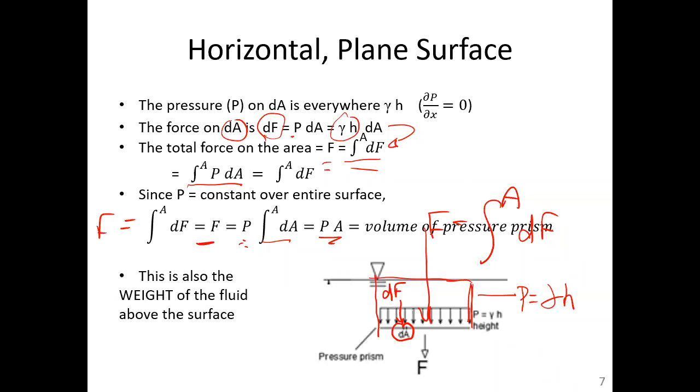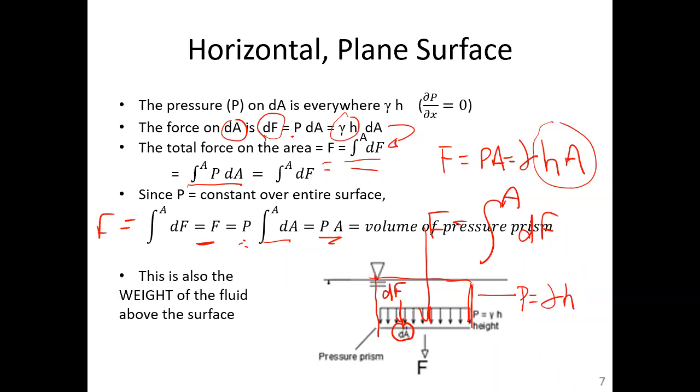And when we calculate F equal to pressure times area, that's equal to gamma h, that's the pressure, times the area. hA is basically the volume above the surface, right? h times the surface area is the volume above the surface.